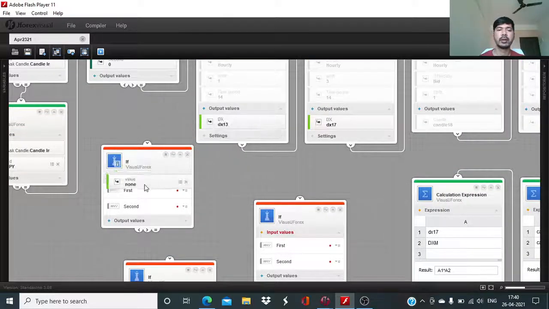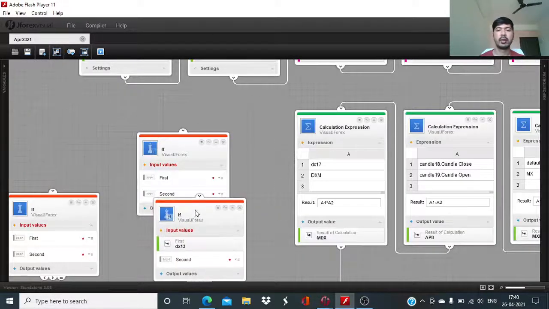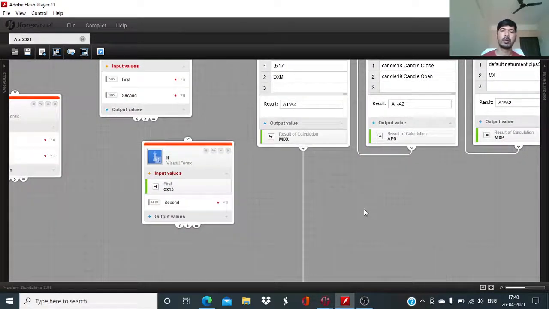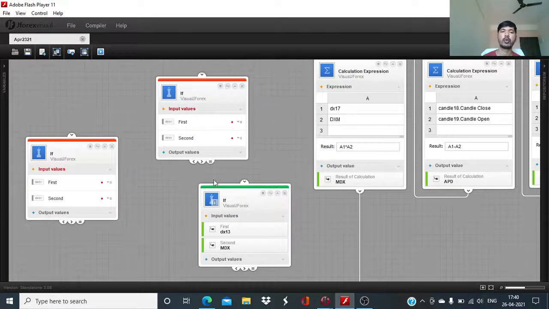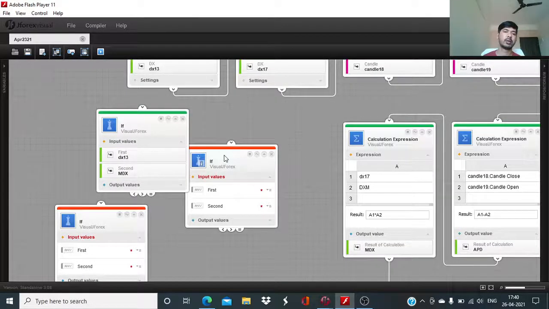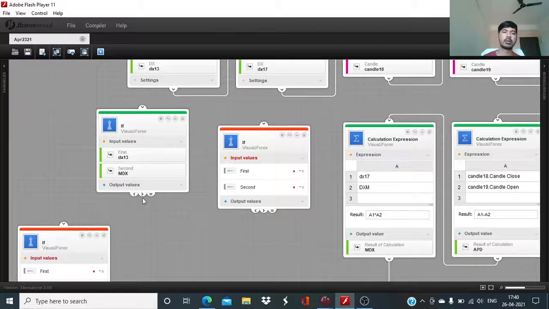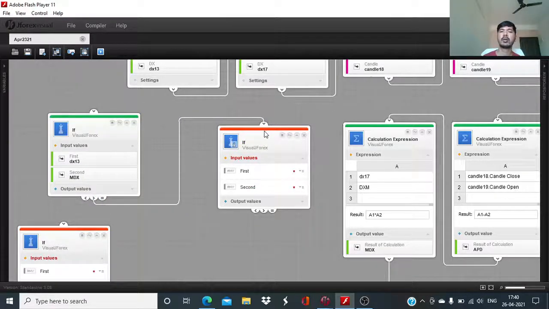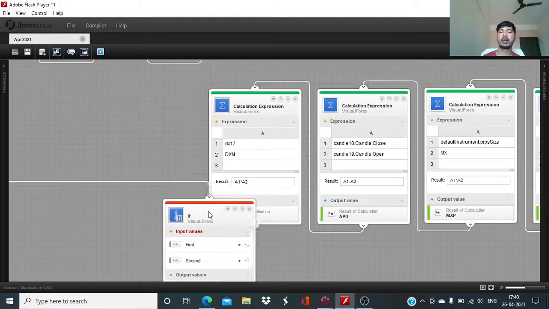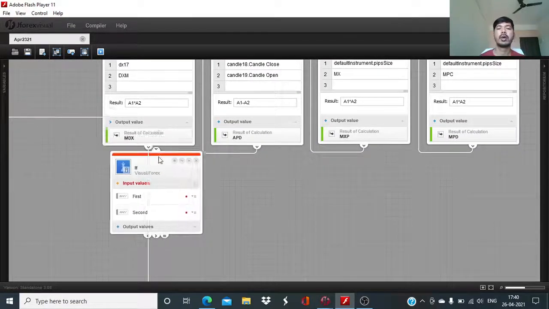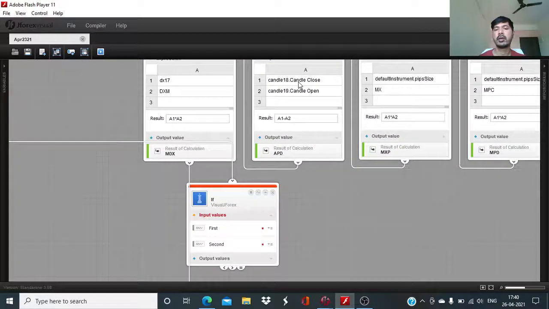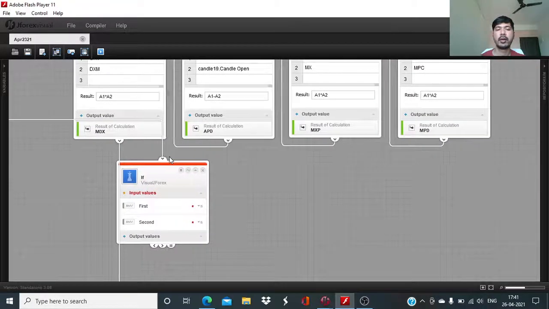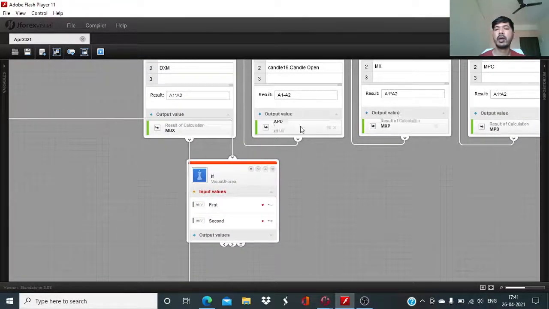The DX13 needs to be more than twice of DX17. First input greater than second input. And then we want this difference to be more than PD.